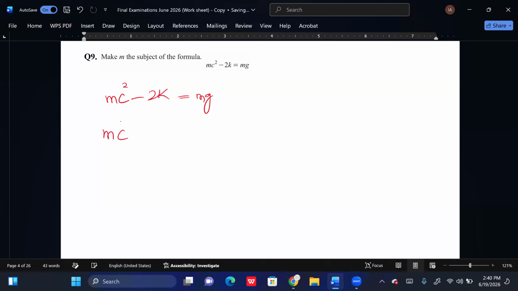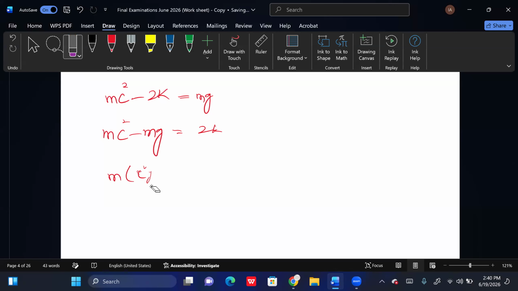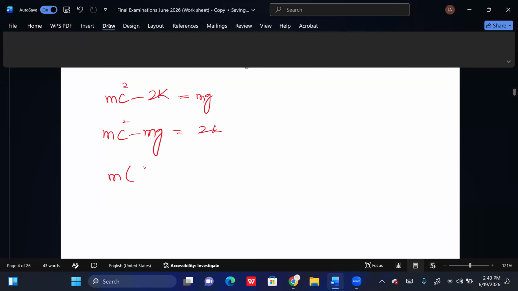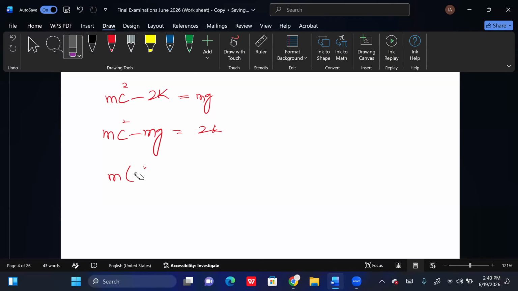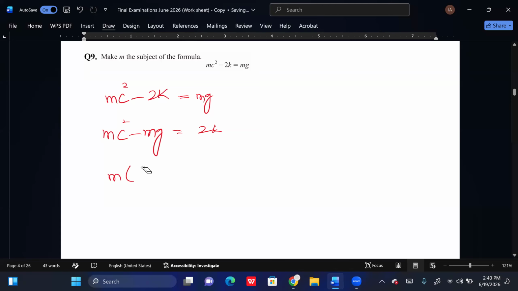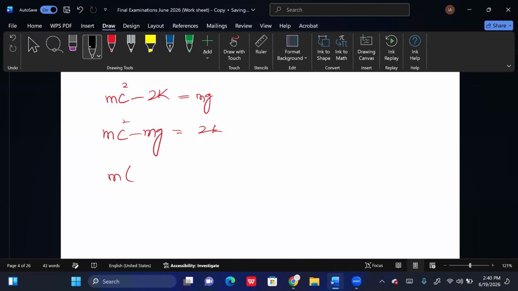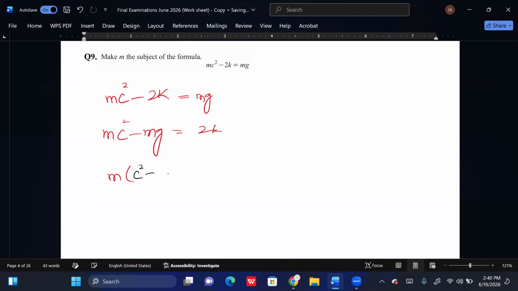Let's bring mg on the left. Now I can see m is common. So see what is left inside when m is common. It's going to be c squared minus g, equals 2k.